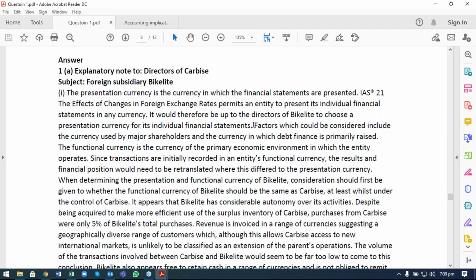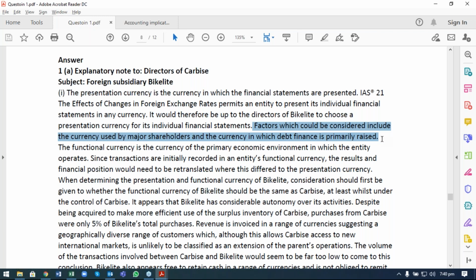Why would these two factors be given by IAS 21? For these two factors, IAS 21 gave the emphasis that the presentation currency should most probably be the currency of the major shareholders of the company, because they would better understand the performance of a company in a currency in which they know the currency well.